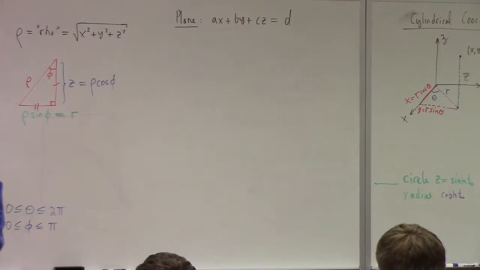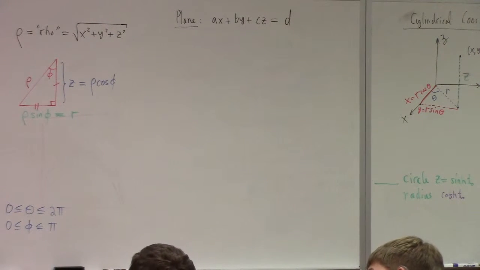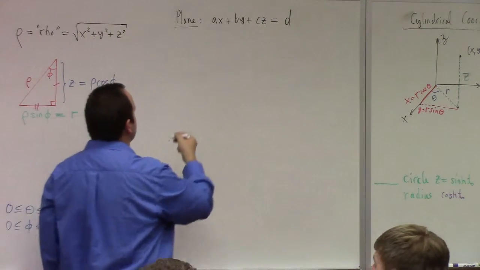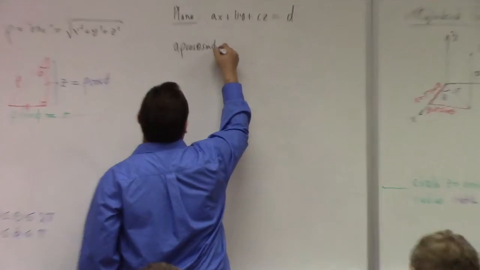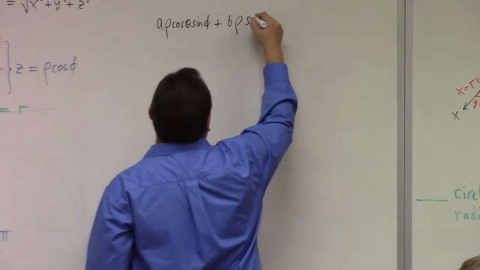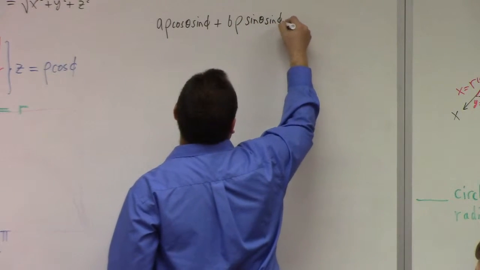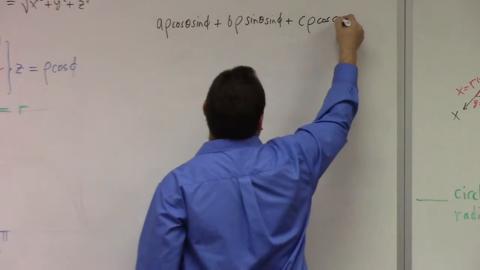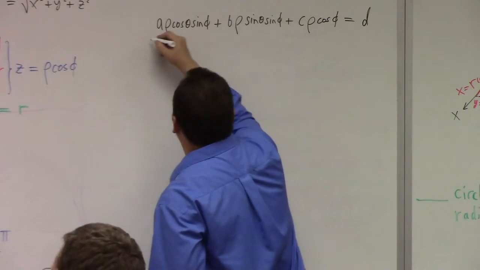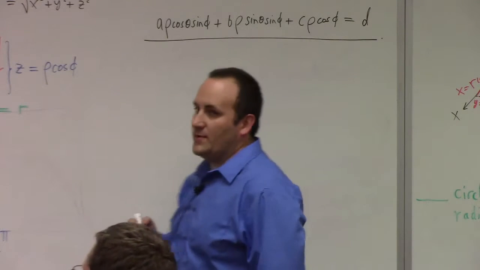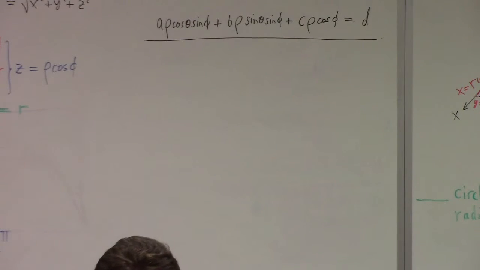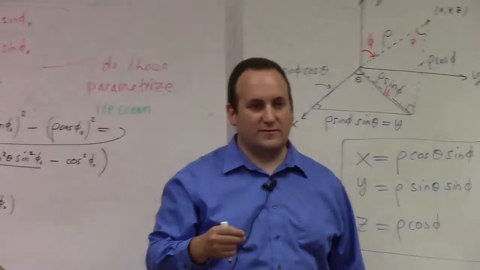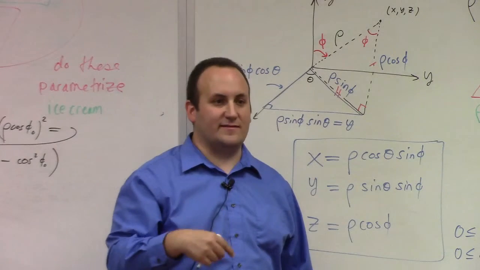How do you find the equation for a plane in spherical coordinates? Here it is: a rho cosine theta sine phi plus b rho sine theta sine phi plus c rho cosine phi equals d. If you come across such an equation, you should say, that's stupid. That is stupid.